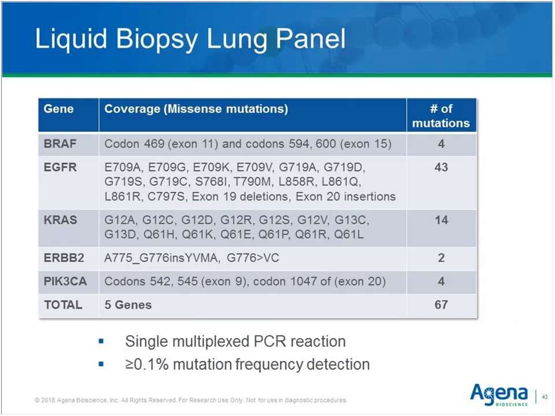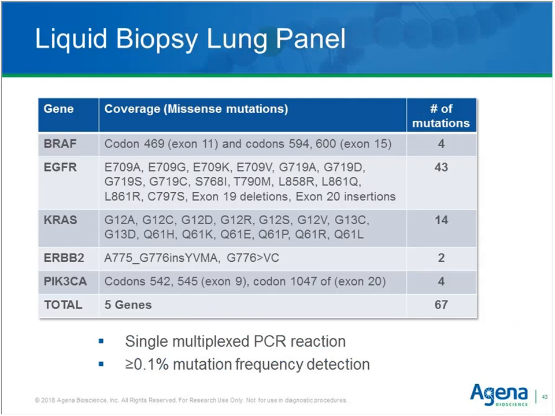Well, following the recommendations of analyzing a panel of markers, this is just a snapshot of the lung panel that Agena offers. Certainly, a lung panel or a non-small cell lung cancer panel is very EGFR-centric.